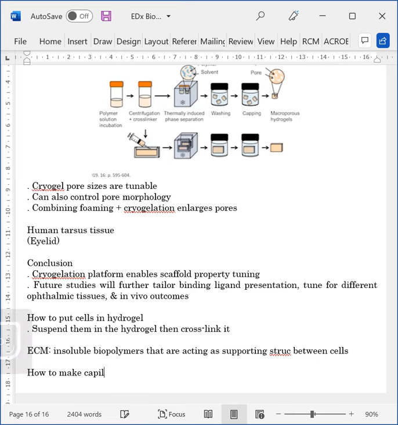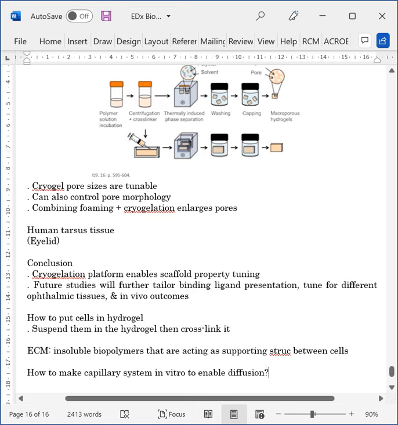Well, further down in this article, they wrote that the pore size and interconnectivity can be optimized to ensure that fresh media reaches the center of the scaffold.